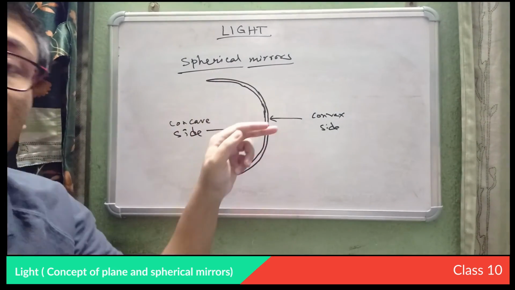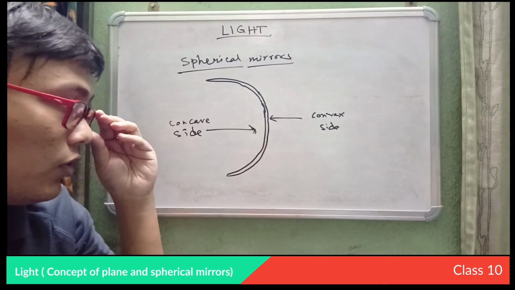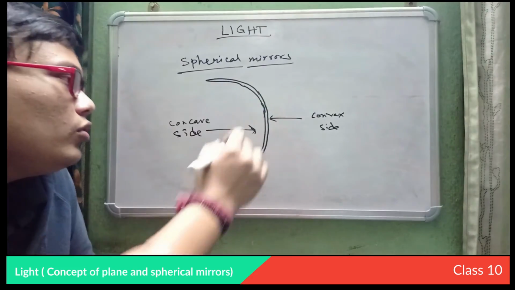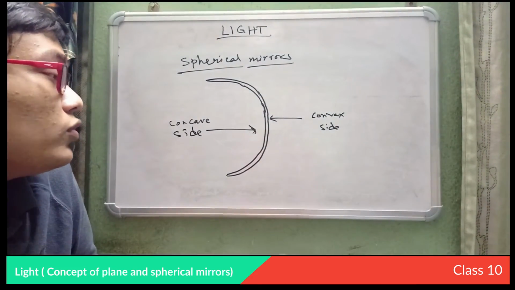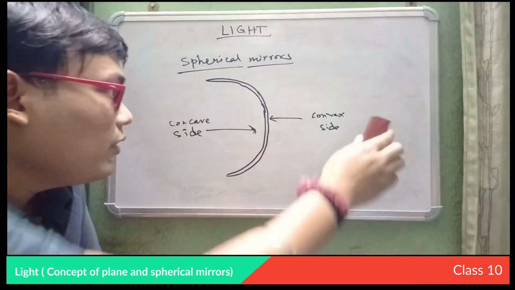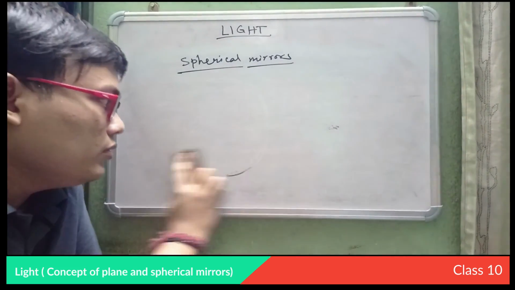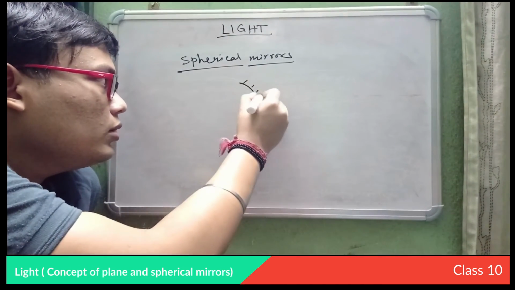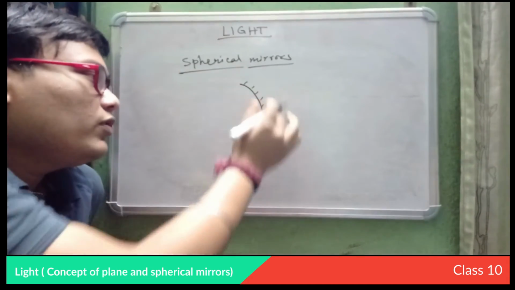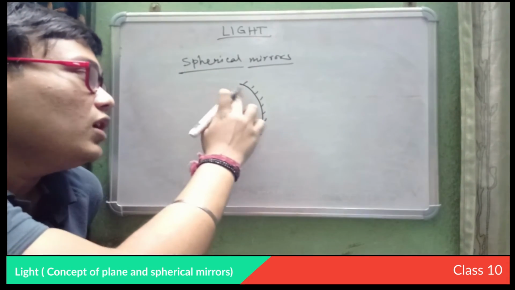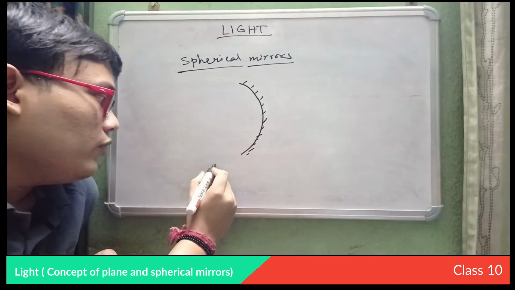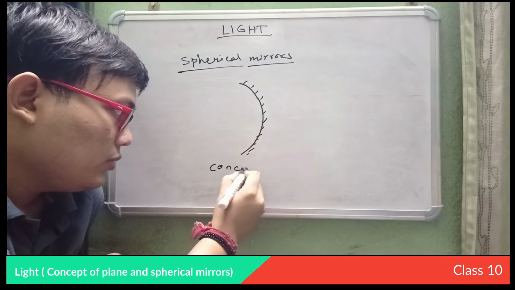But do we see any reflecting surface or any polished surface in this part? No, there is no polished surface, so we can't call this a mirror. However, if we take a mirror shaped such that the outward part is polished and the inward part is curved inwards, this type of mirror is known as a concave mirror.